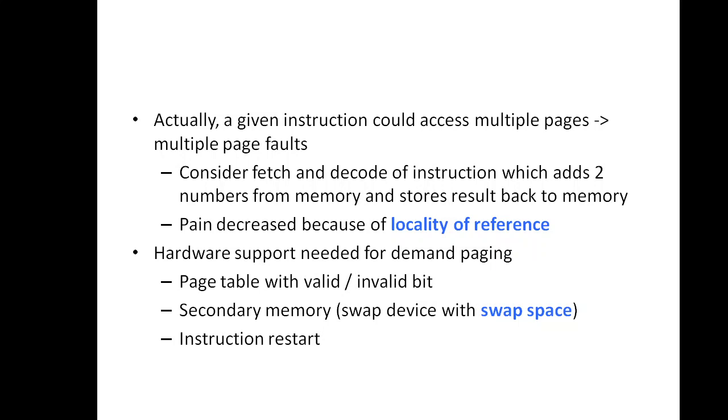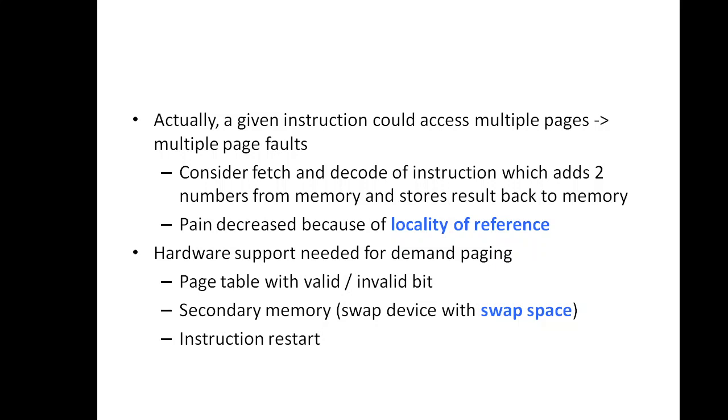The result of these multiple page faults will degrade the performance of the computer system. So in order to avoid such cases, programs make use of locality of reference. We will be studying this term locality of reference in detail in later concepts. Just remember that in order to avoid such cases, programs make use of locality of reference.